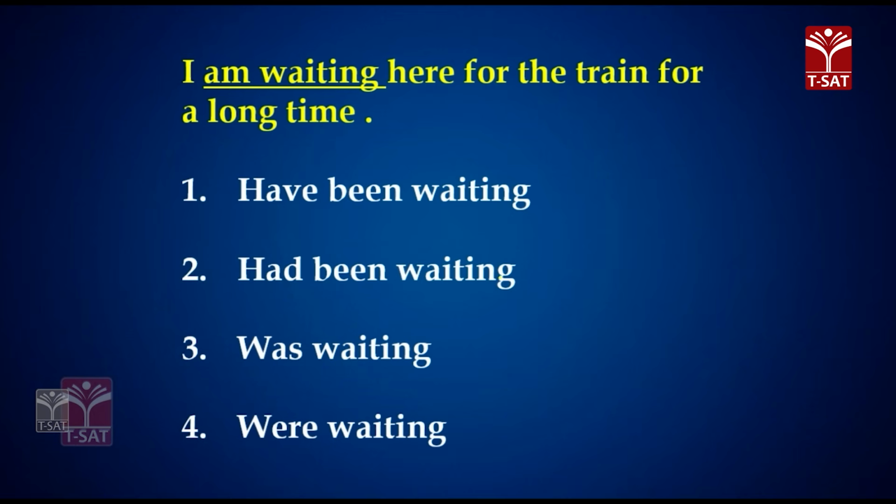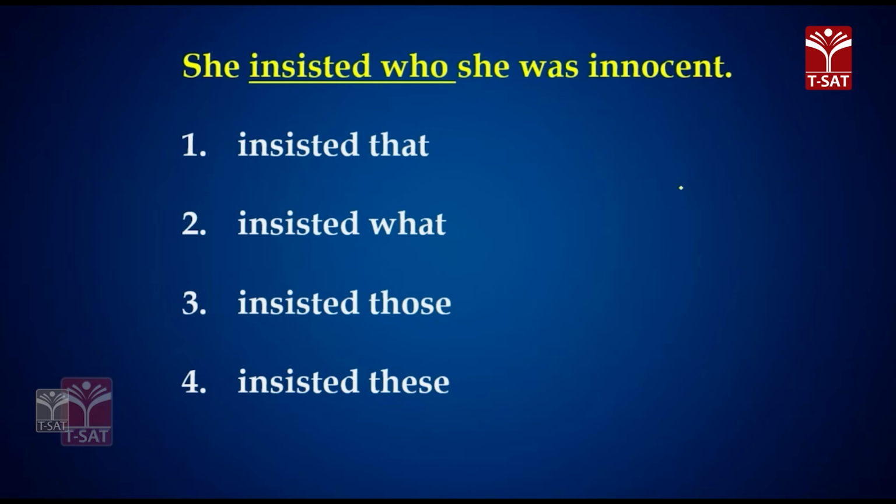In that case, you can eliminate had been waiting, was waiting, were waiting. And the other issue is, it has a structure for plus period of time. Generally, longer continuous actions need present perfect progressive. So, the right answer will be, I have been waiting here for the train for a long time.